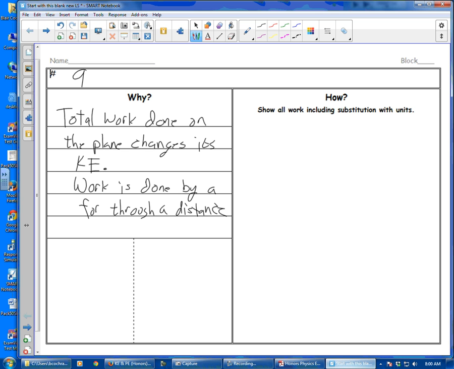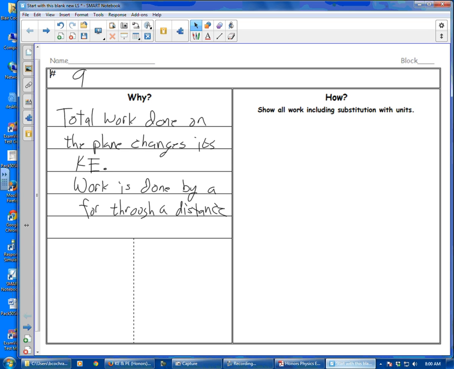If they give me things like the speed of the plane, I might have to show how kinetic energy is related to speed, but they don't. So that would be my complete why. I think that shows all the understanding I need.